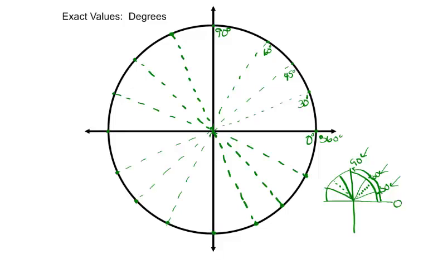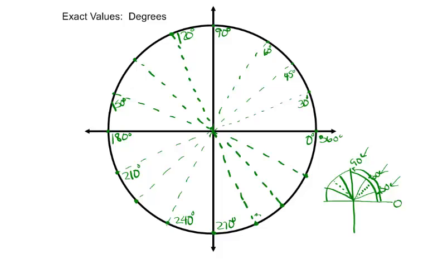measure for that angle. So 90 degrees plus 30 degrees is 120 degrees. 120 degrees plus 30 degrees is 150 degrees. 150 plus 30 is 180. 180 plus 30 is 210. 210 plus 30 is 240. 240 plus 30 is 270.